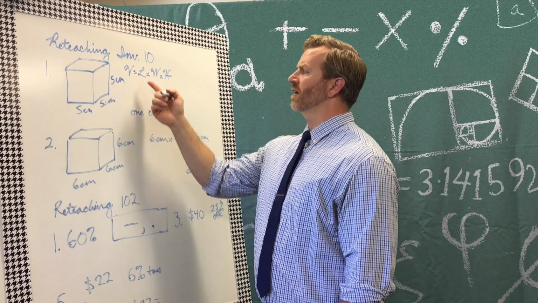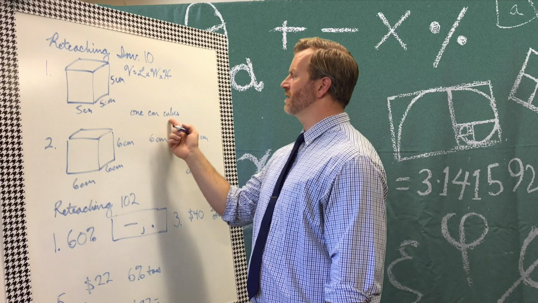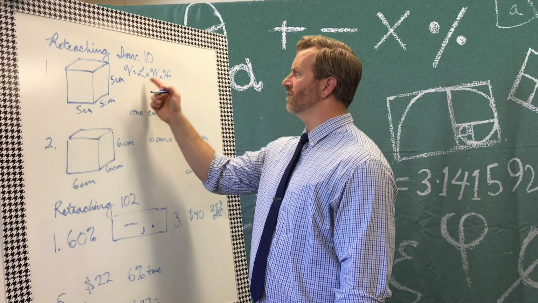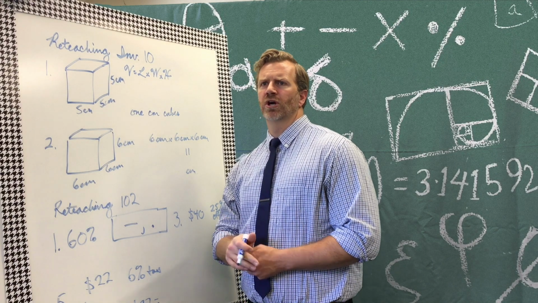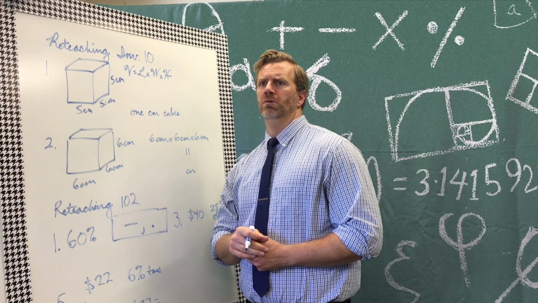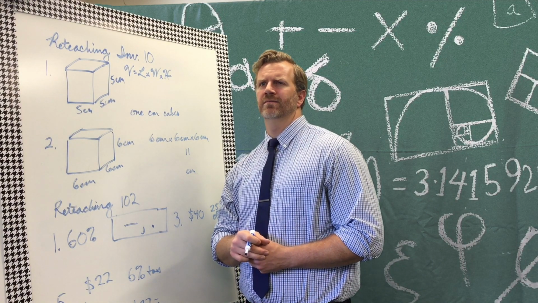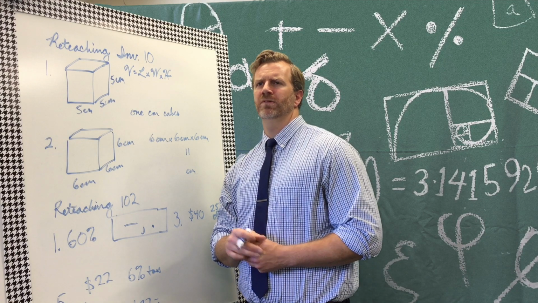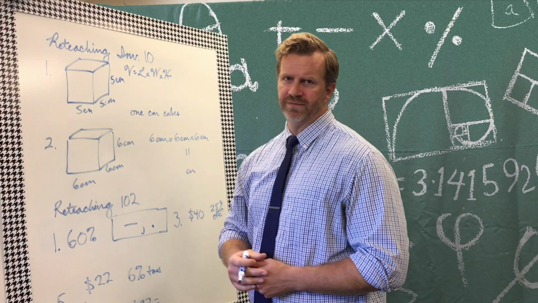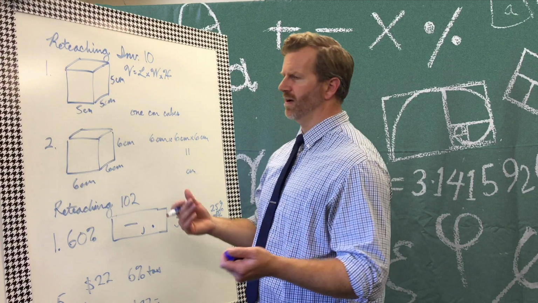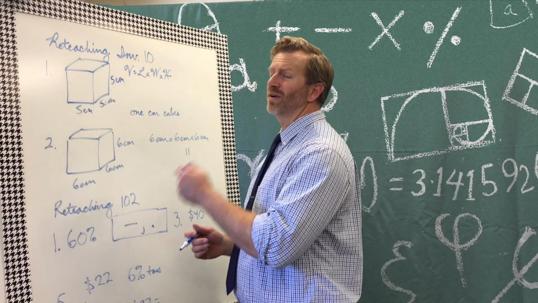Now, to figure out the volume of how many 1 centimeter cubes that would be, we have to go length times width times height. 5 times 5, bingo, 25, right? That's a pretty easy one. And then we got 25 times 5.